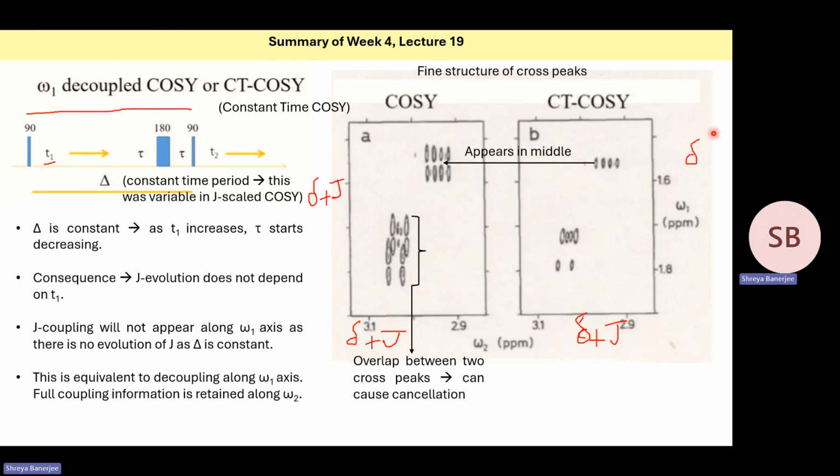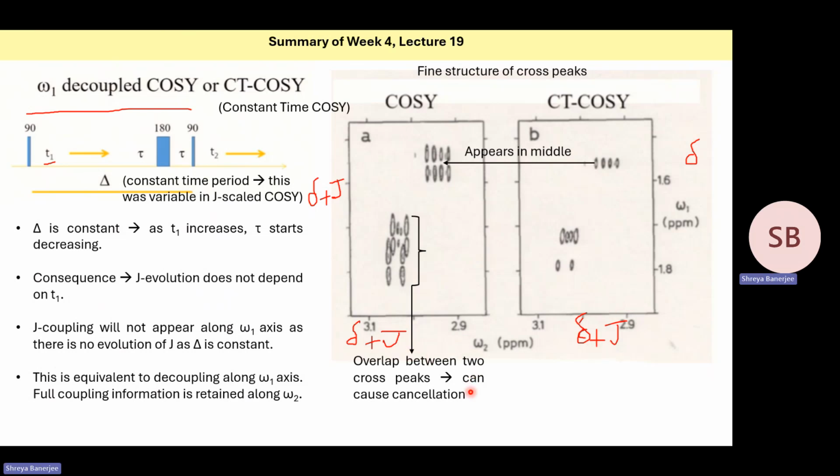So we can imagine that there is decoupling along the omega 1 axis. If there was coupling, we would see this kind of splitting. Decoupling means the splitting disappears and we will get this kind of peak. But we are not losing any information because your omega 2 axis is still having the J information.